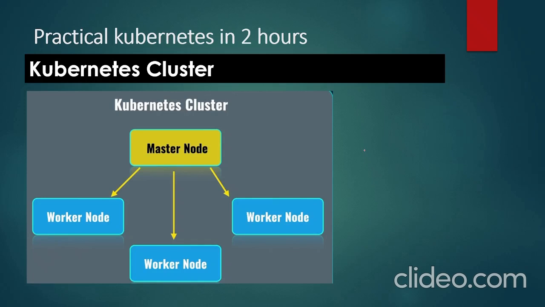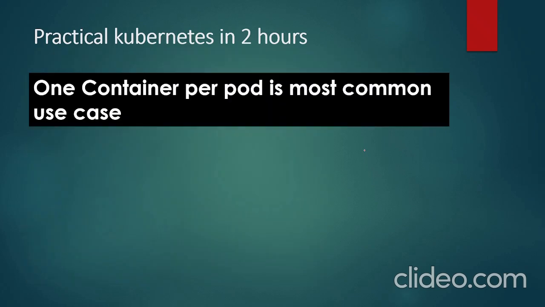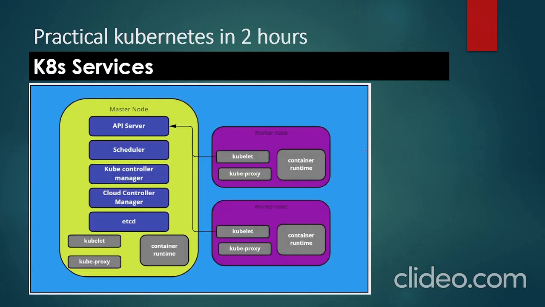In the worker nodes, we can deploy or create multiple containers or multiple pods, depending on our use case requirement. As I suggested, the most common use case is one container per pod. However, we can tie different containers in one particular pod if the use case is such.